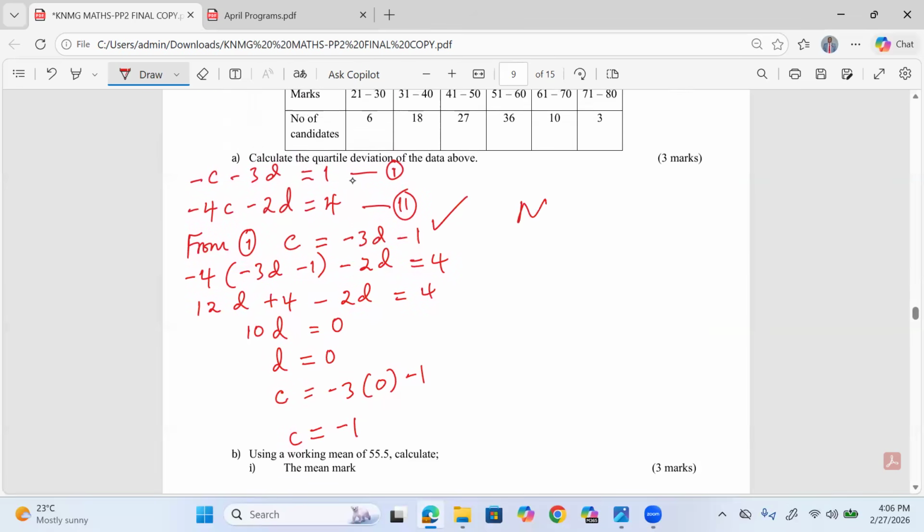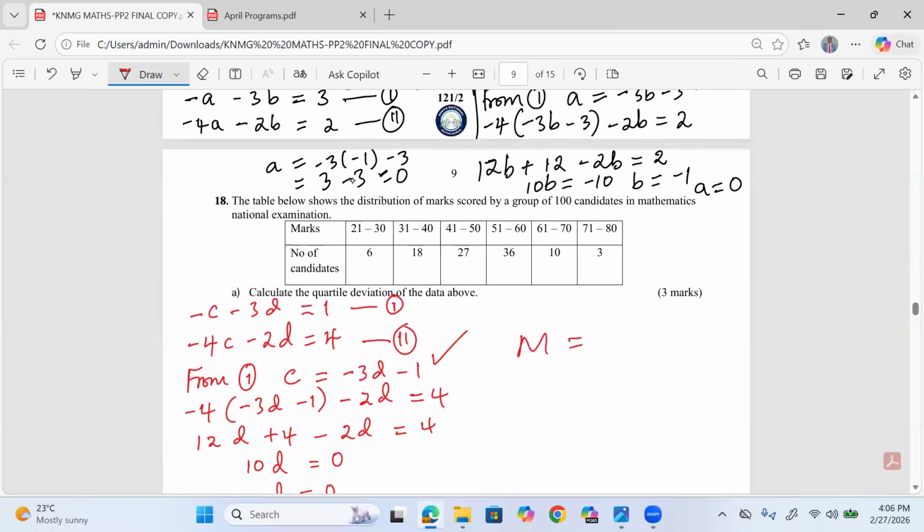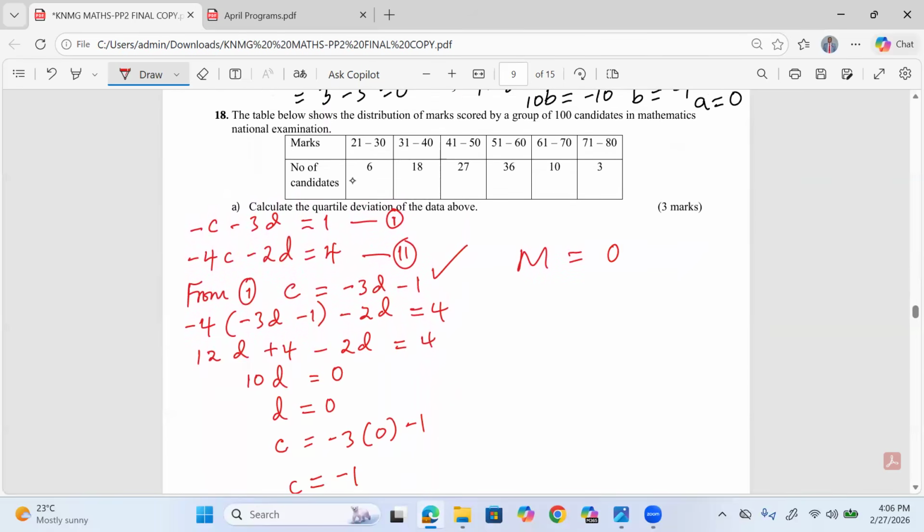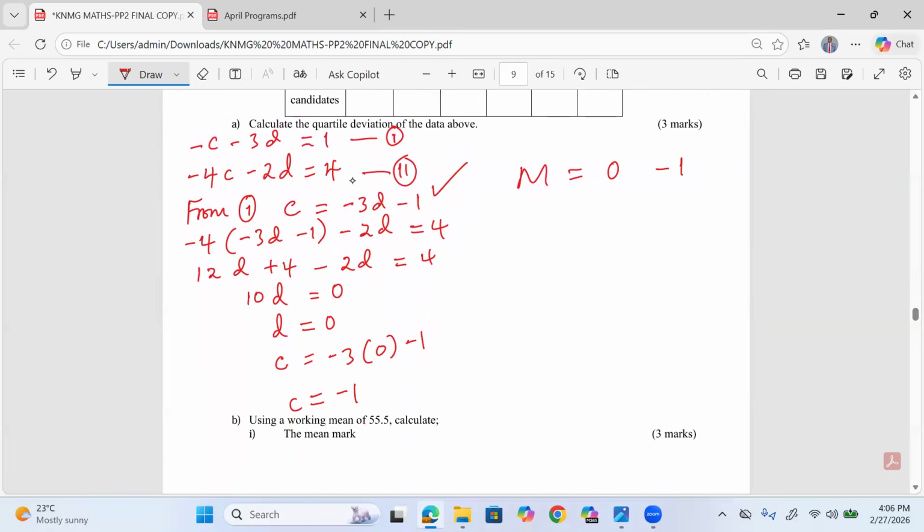And the matrix that was unknown now is known. AB is 0, negative 1. Then CD shall be negative 1, 0. Negative 1, 0, like that.